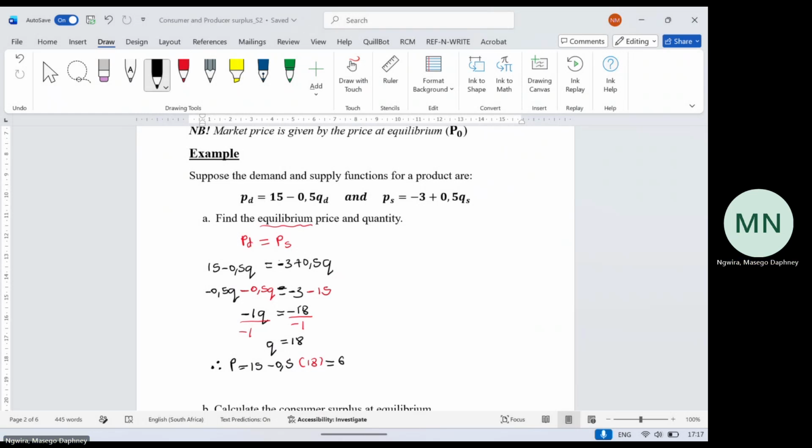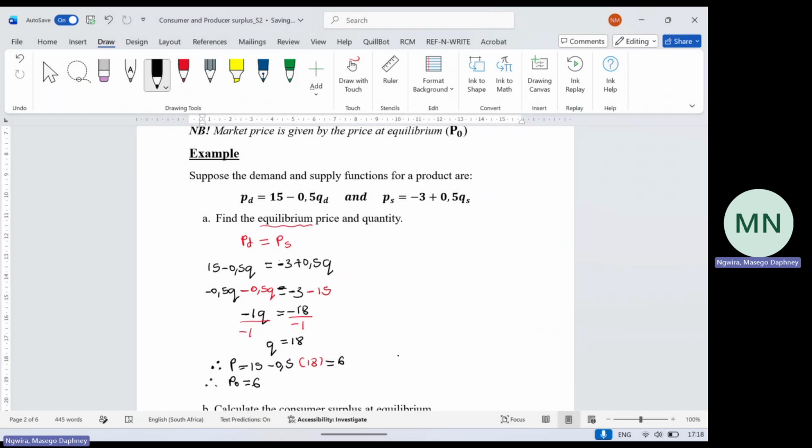6. So it means that now, therefore, my equilibrium price is 6, which is our market price, if you remember. All right, so it means that my P naught is equal to 6.